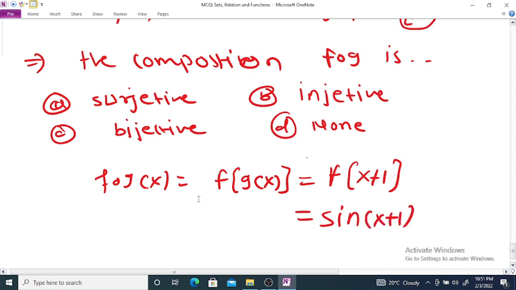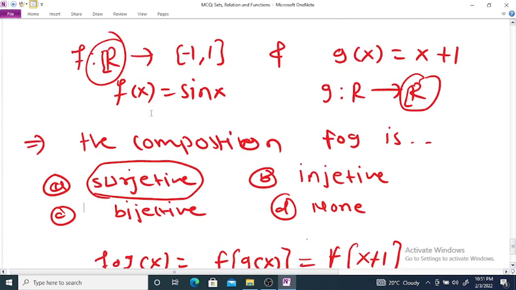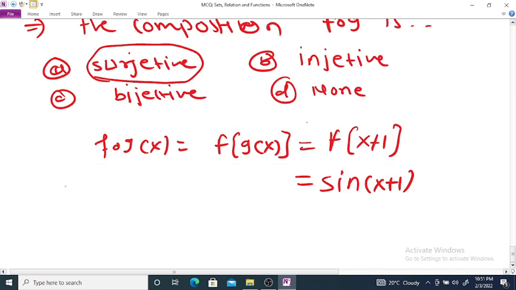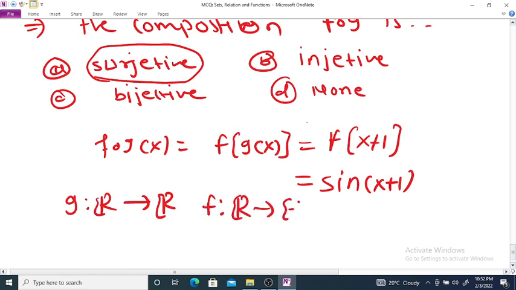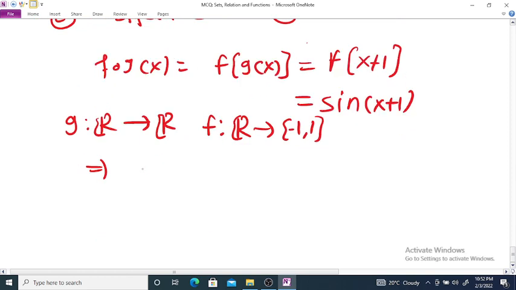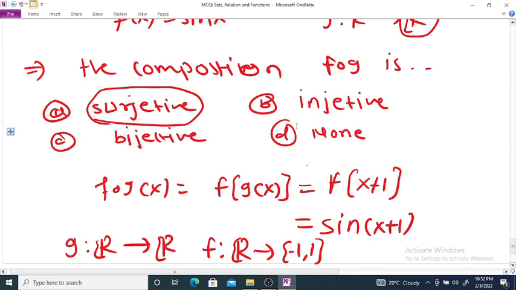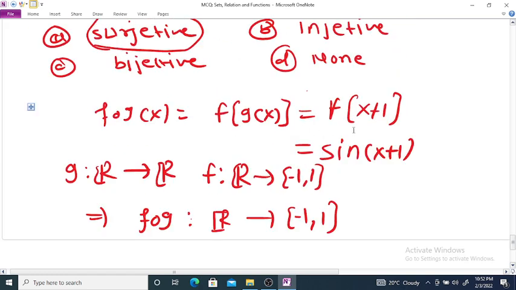So now I want to check whether it is surjective. Obviously it is not an injective function, because g is a mapping from real number set to real number set, and f is a mapping from real number set to [-1, 1], and therefore f of g is a function from real number set to [-1, 1].